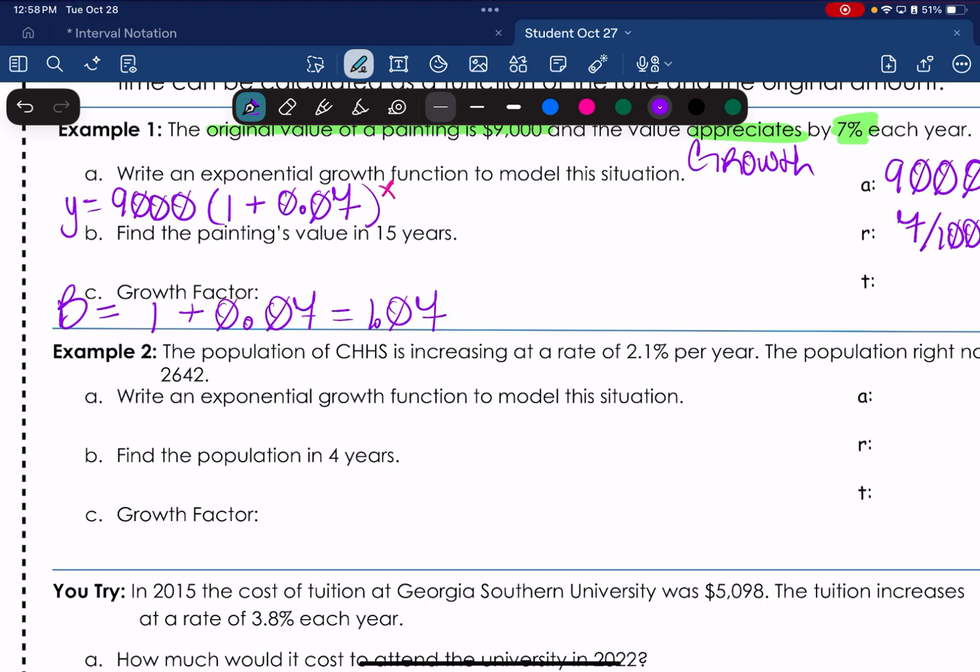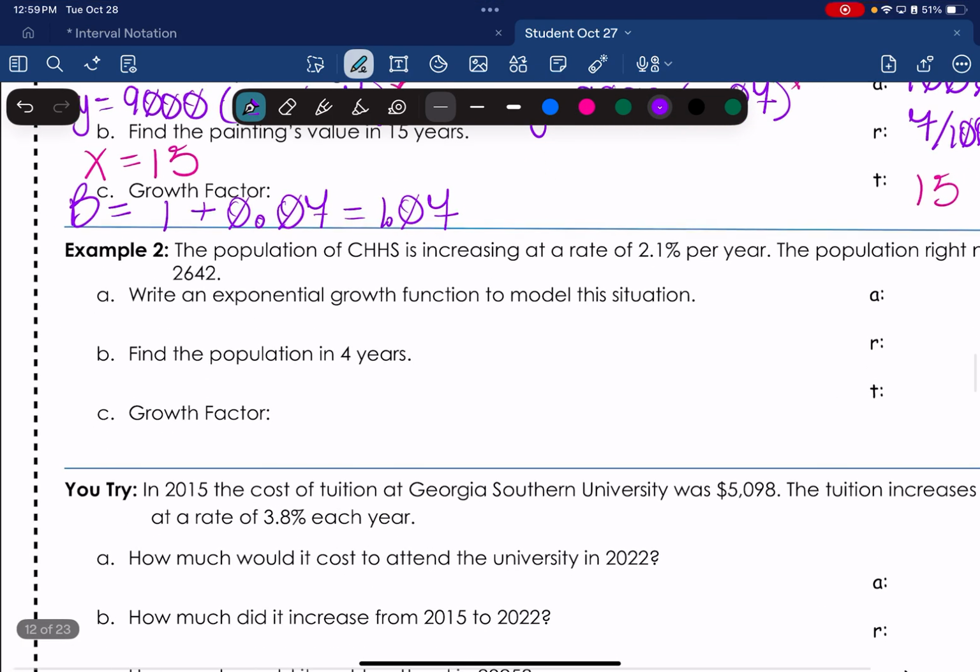So I would have originally written the equation as Y equals 9,000 times 1.07 to the X power. Now we're looking for the painting's value in 15 years. That means your X, which is time, is going to be 15.